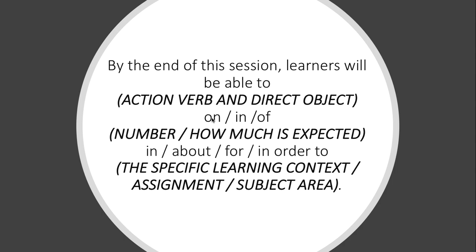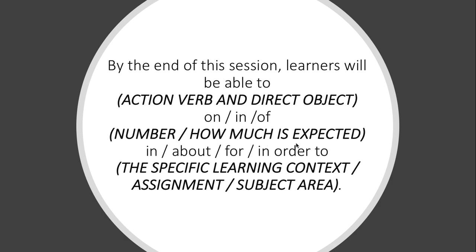And then on, in, of, again, making it measurable in terms of SMART. So we need to make it specific. We need to make the outcome measurable and attainable. Making it measurable is related to our action verb, and making it more specific, say time bound or quantity bound.